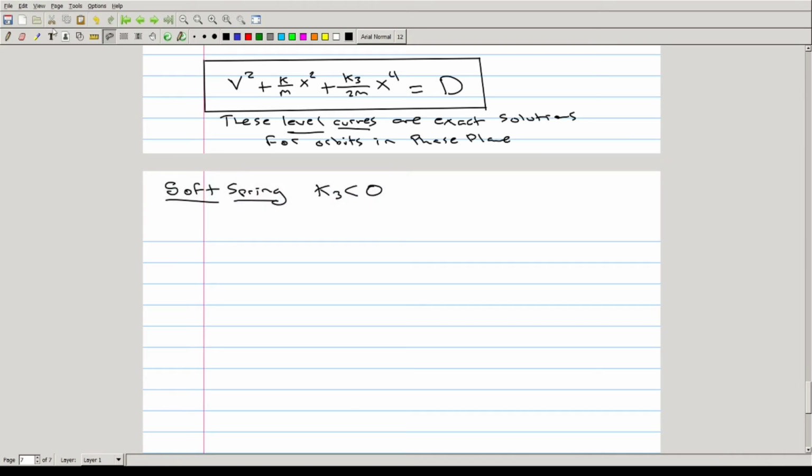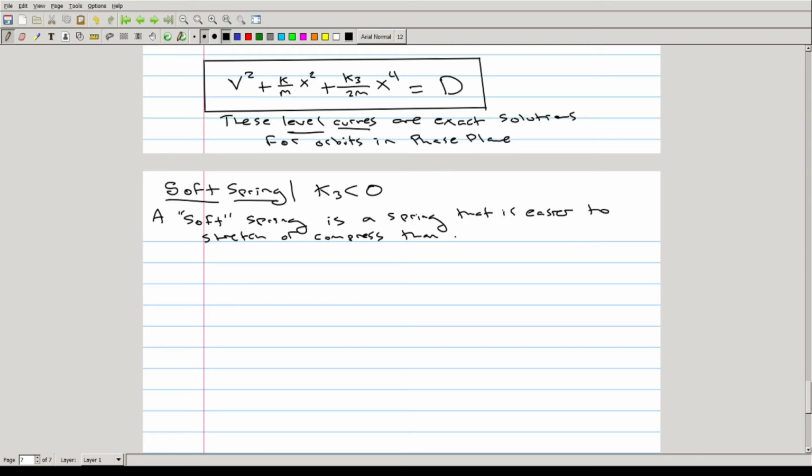And the reason that this situation is called having a soft spring is because we call a spring soft if it's a spring that is easier to stretch and compress than what we would get with Hooke's law.